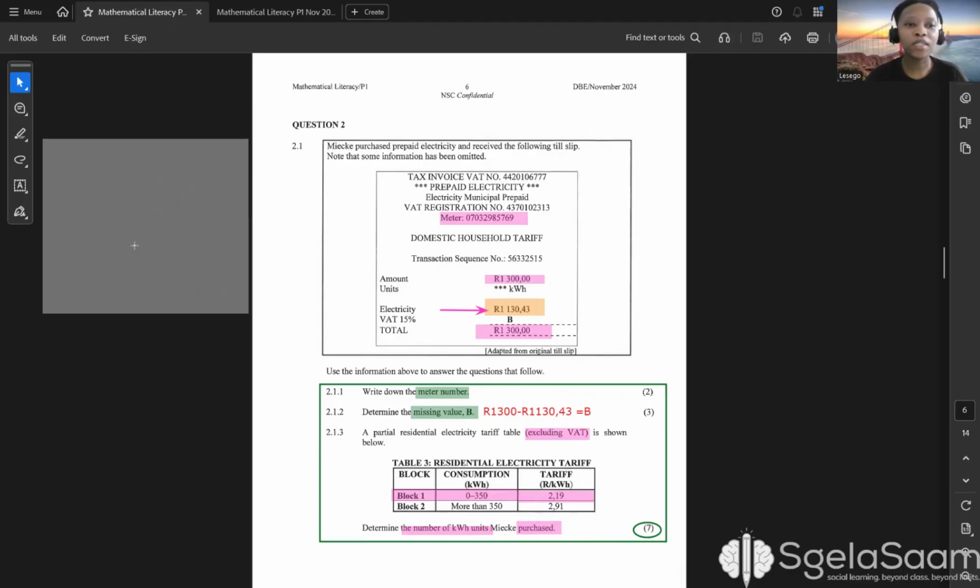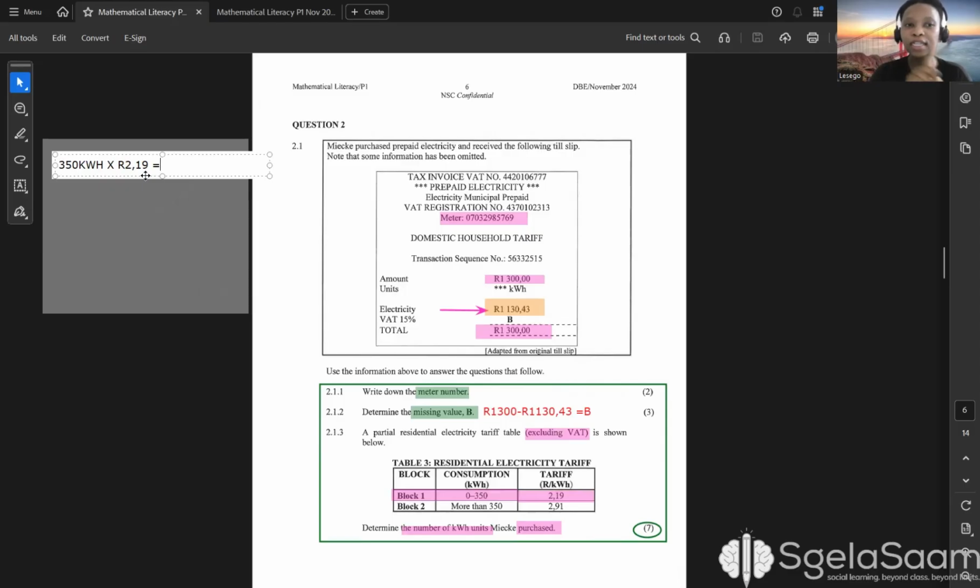So for block A, for 350 kilowatt hours, we need to find out how much that costs, multiplied by 2 rand 19. Why are we doing this? Because 2 rand 19 is basically the unit cost, the kilowatt cost.